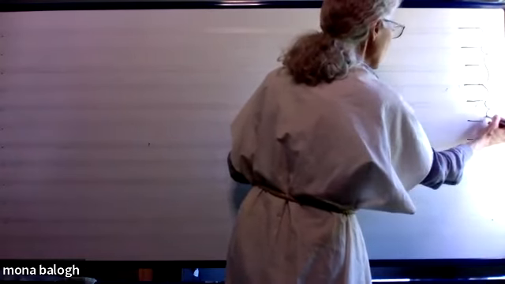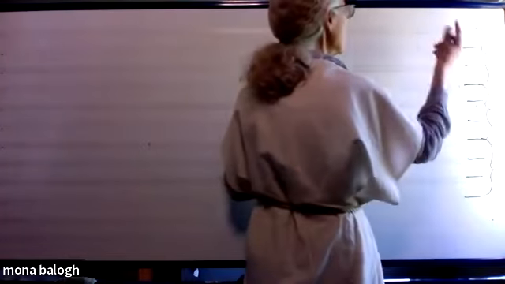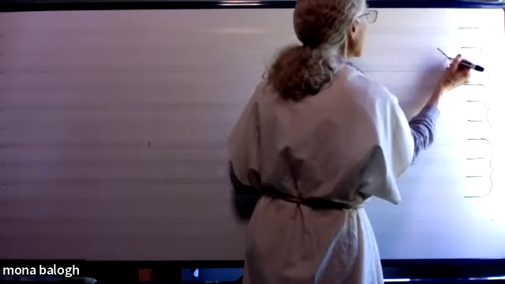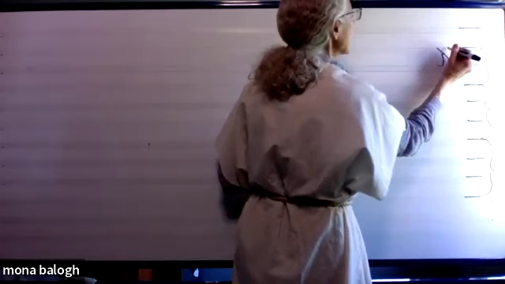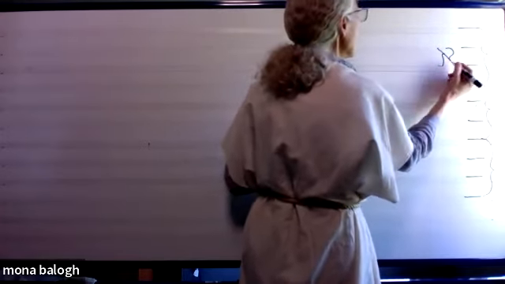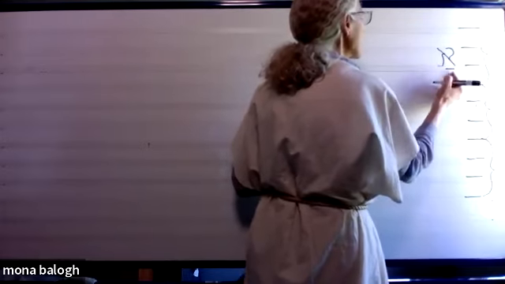Four lines: 2, 3, 4. Bracket off 3 spaces: 1, 2, 3, 4. Okay, there we go. Let's do the first letter, Aleph. Remember, the Aleph doesn't make a sound of its own, it's silent, so it takes the sound of the vowel. Let's do the Aleph with a patach, and that's pronounced ah.